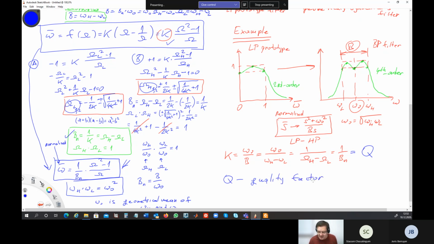Now you remember that we used quality factor last time in connection with bandwidth. So we said, aha, those filters which have too small a quality factor cannot obtain narrow bandwidths. So this was to remember from the last time.